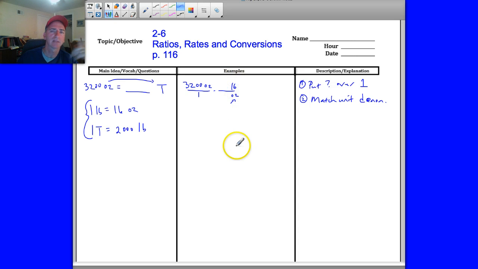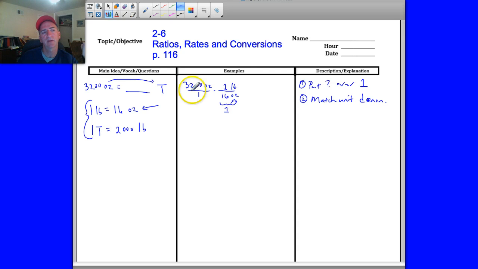That's my only choice in this particular problem if we didn't figure out how many ounces were in a ton. I want you to see the full thing here. I know that 16 ounces is equal to 1 pound, because those two have to be equal, so they equal the number 1, and when you multiply by 1, nothing changes.